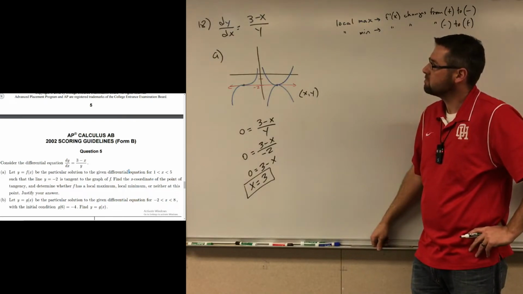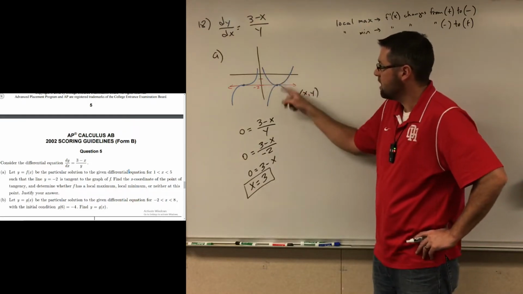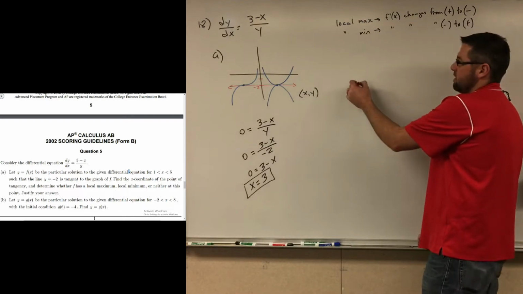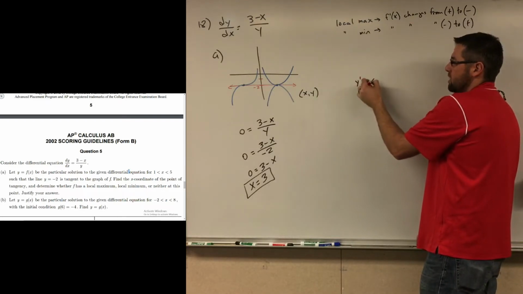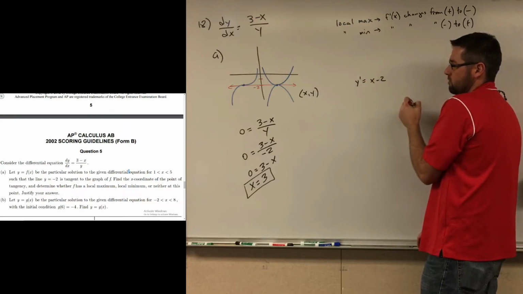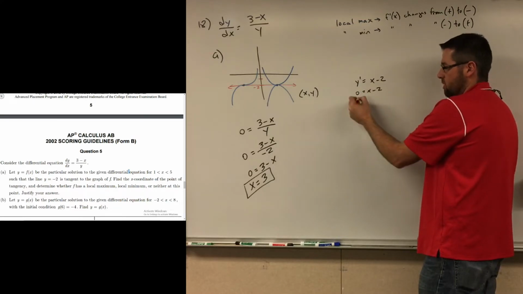Does it change signs on that? Now, normally you get something like y prime equals x minus 2, for example. You would know this is a max or a min because you would set this equal to 0, which we already did. We got x equals 2.